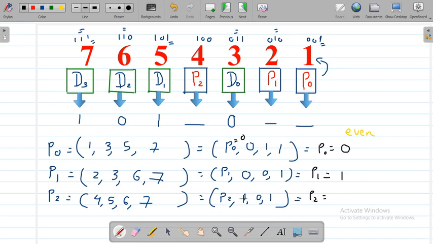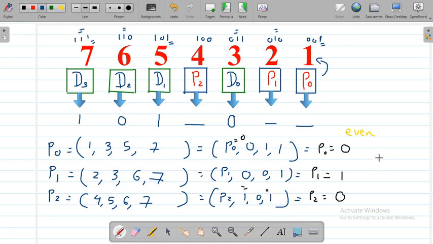Now P2. For P2, 1, 0, 1: there are two ones here, so they are even, so my P2 value should be 0 so that it remains even. The second method is XORing.